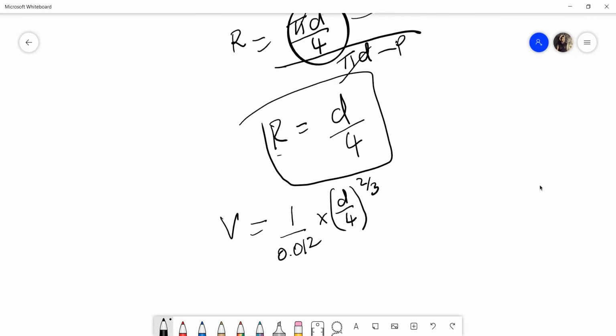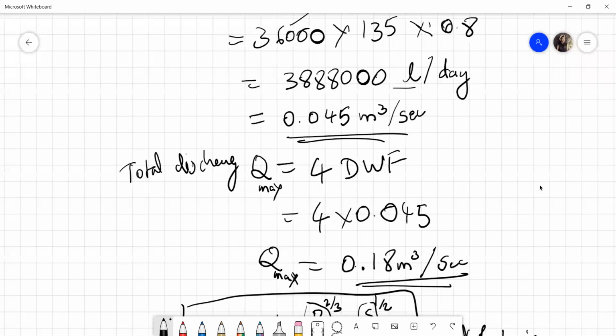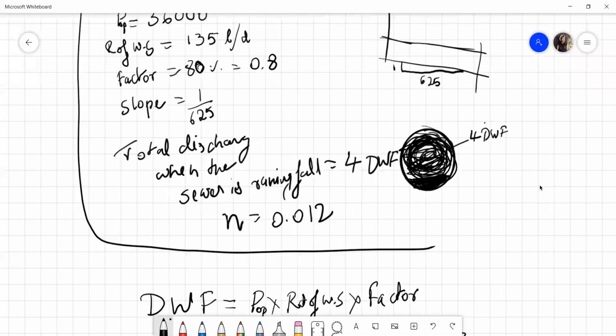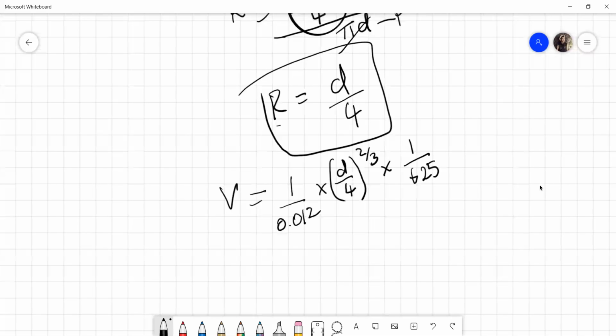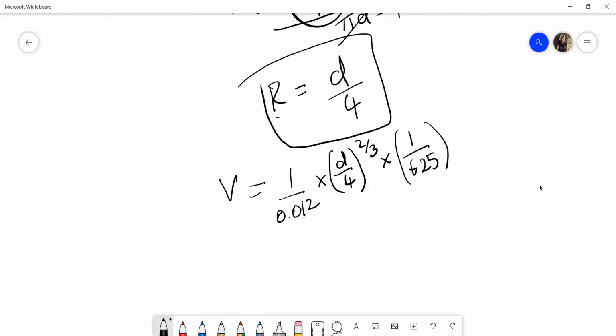Never get confused: when you write R to the power 2 by 3, that means complete D by 4 to the power 2 by 3, not just D to the power 2 by 3 by 4. Multiplied by slope, which is 1 in 625, to the power 1 by 2.